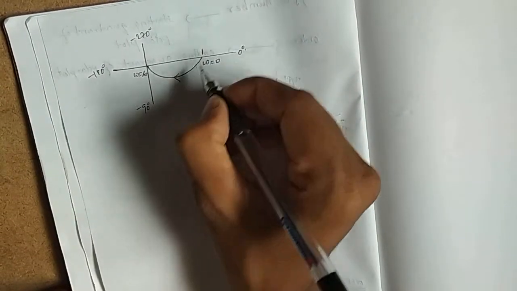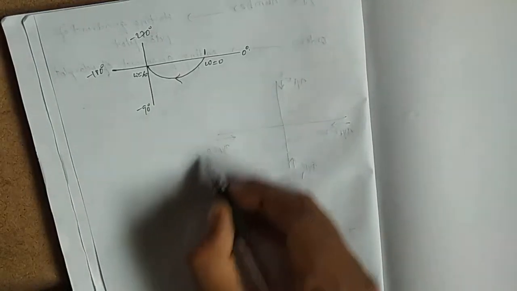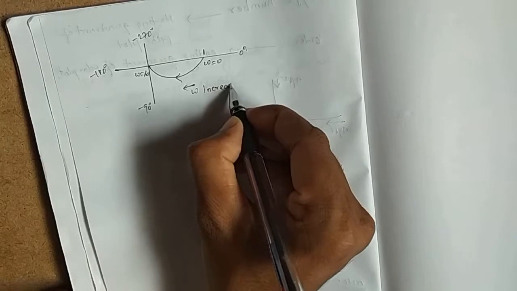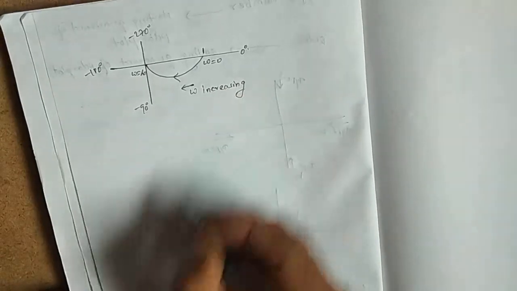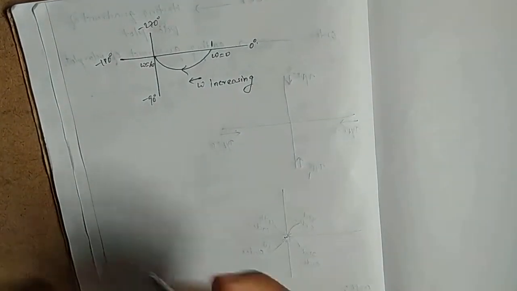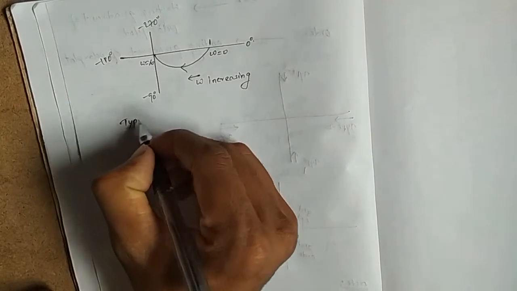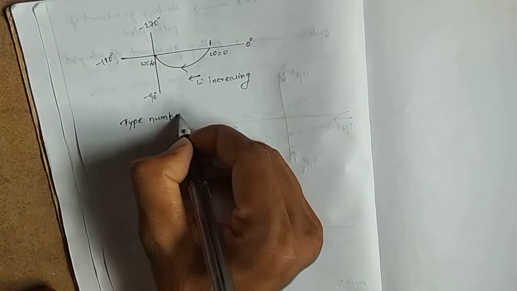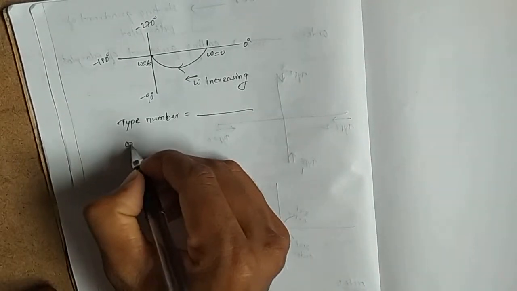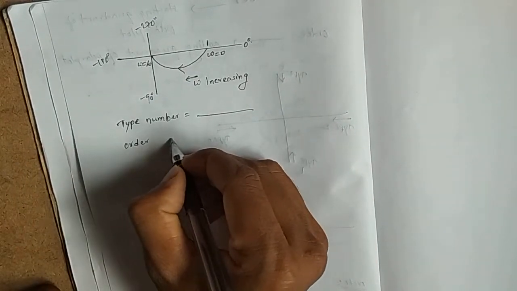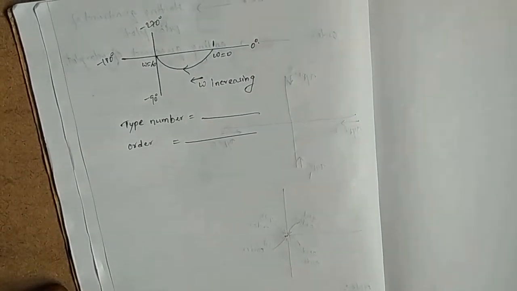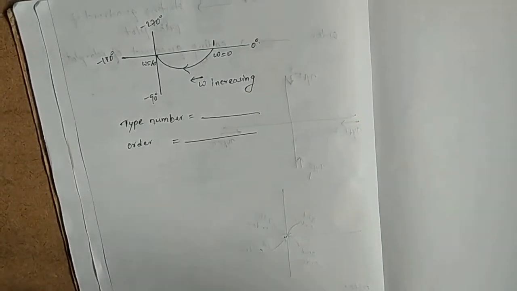Here magnitude is 1, and omega is increasing. It is a polar plot given. Based on this polar plot, we have to find out the type number and order of the system, by looking at the polar plot only.